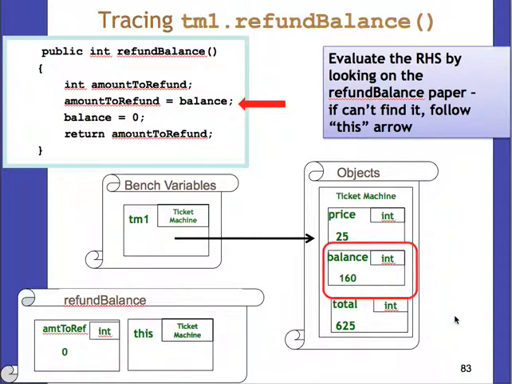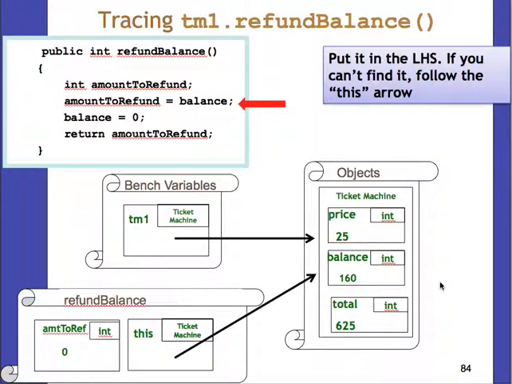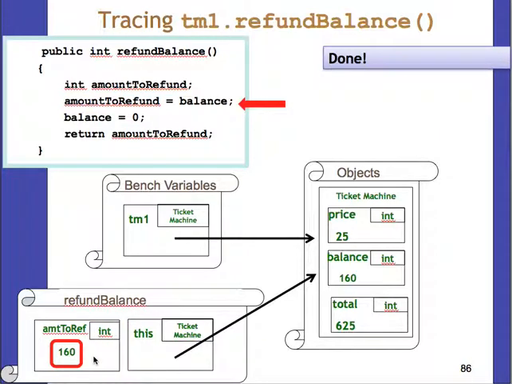And sure enough, I do. So I'm going to use that value, 160, for the right-hand side of this equation. Now I need to put that 160 into amount to refund. Again, we look inside of refund balance and we say, do we have any variables called amount to refund? Yeah, we do. So we got to copy the number in this box into this box. There we go. Okay, next.